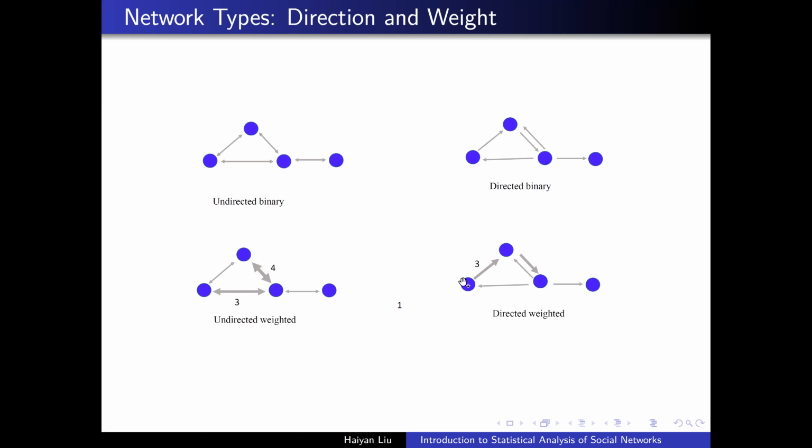So if we care both about the direction, if the relationship is directional, and also the relationship has a different weight, then we will have a directed weighted network. Now, based on the types of weight and the types of direction, we may have different types of network.